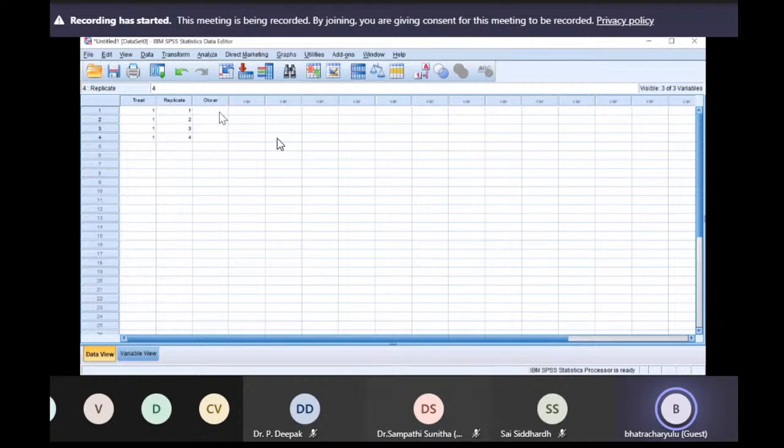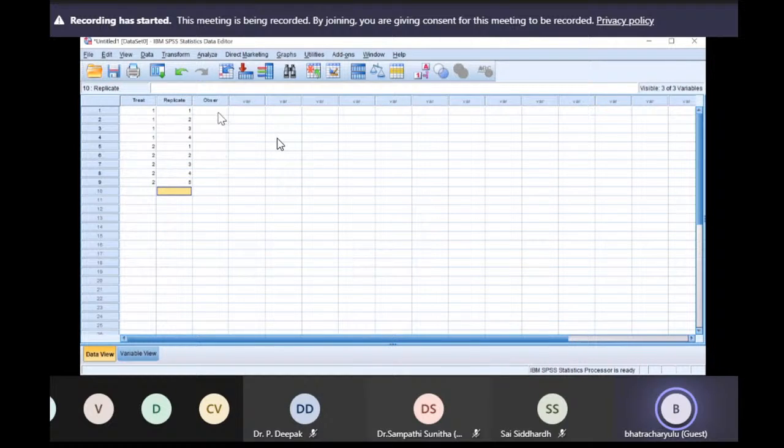Now write the second treatment as 2 instead of B. You write 2 five times. Then for replication, you write 1, 2, 3, 4, 5.